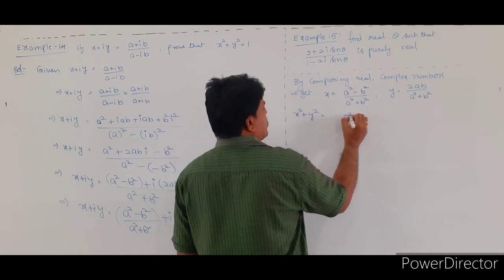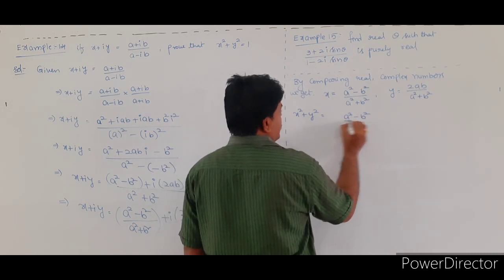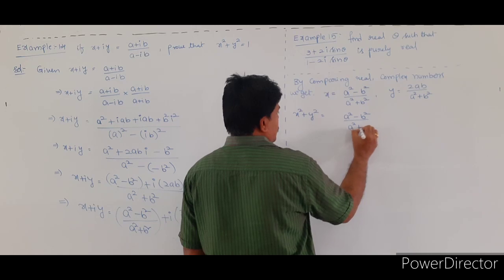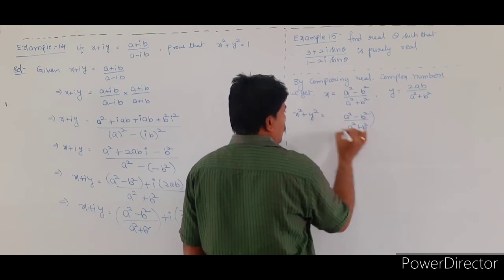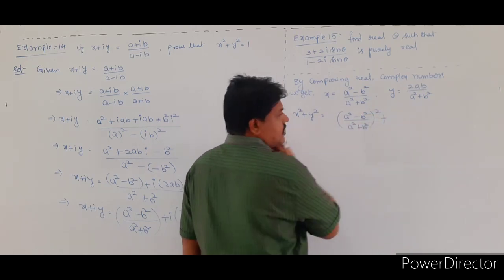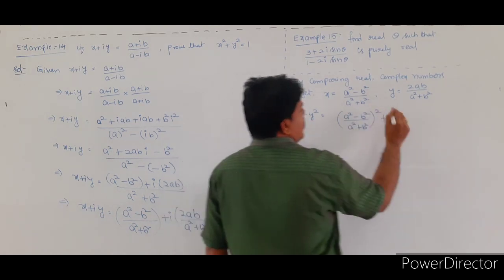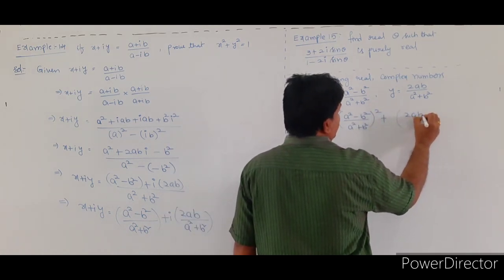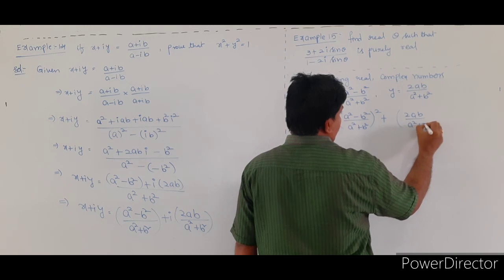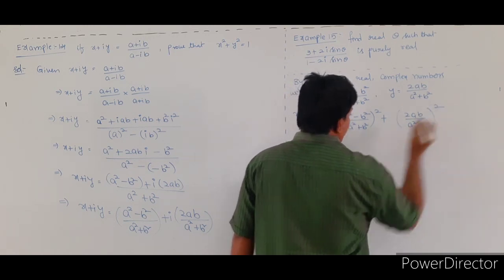The x square value is nothing but a square minus b square by a square plus b square whole square, plus y square. The y value is 2ab by a square plus b square whole square.